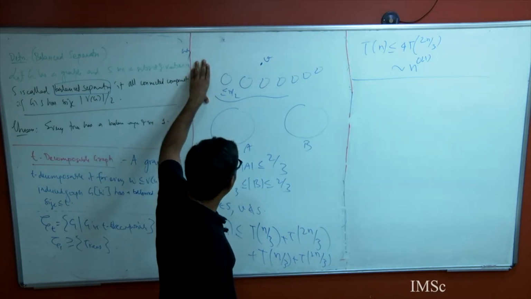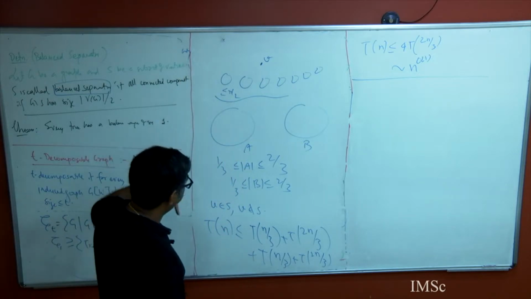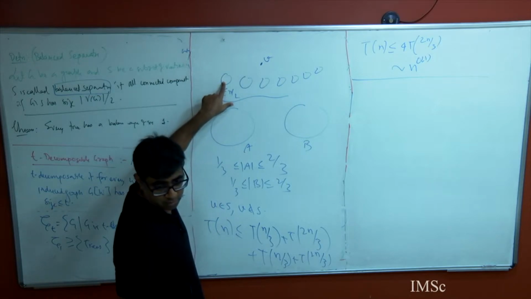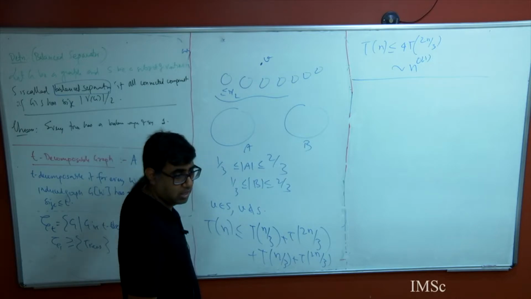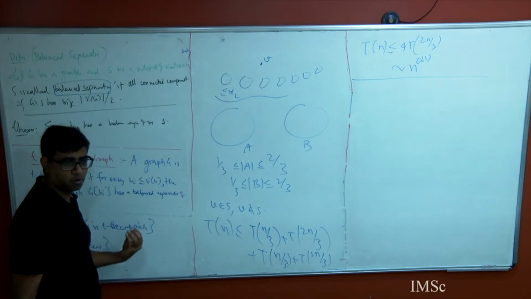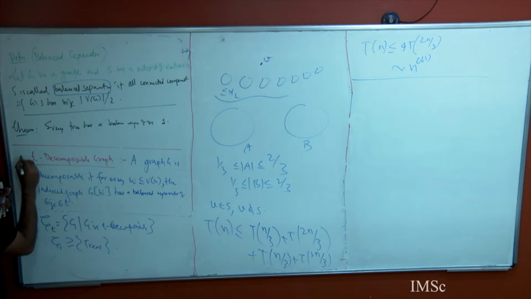We observed that if we want to do some algorithm recursively, then the connected components should also have that property, that I should be able to find a balanced separator there. In some sense this balancedness should be a hereditary property for induced subgraphs, and that is precisely what we captured in this definition of a T decomposable graph.